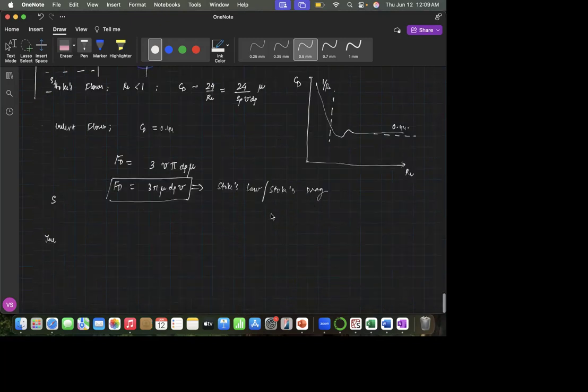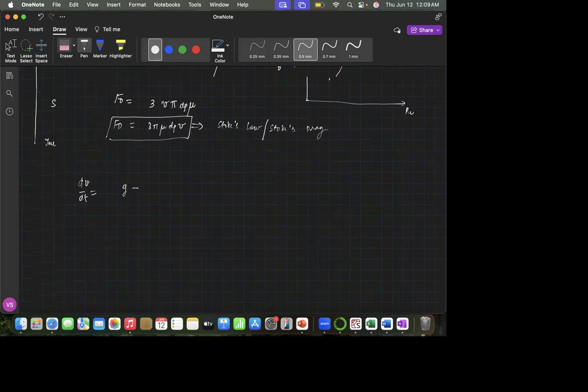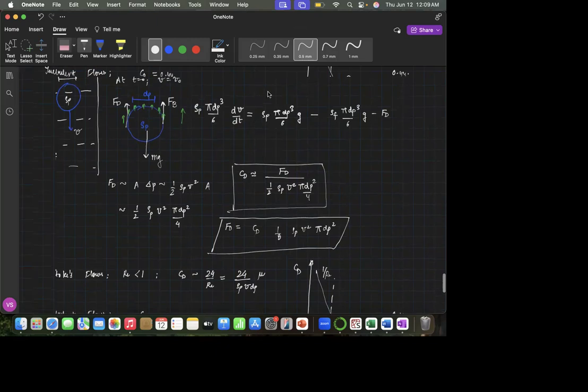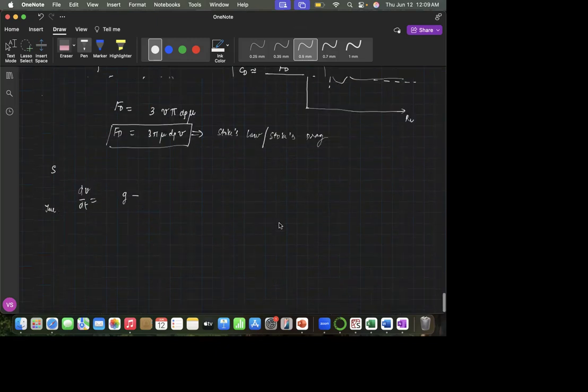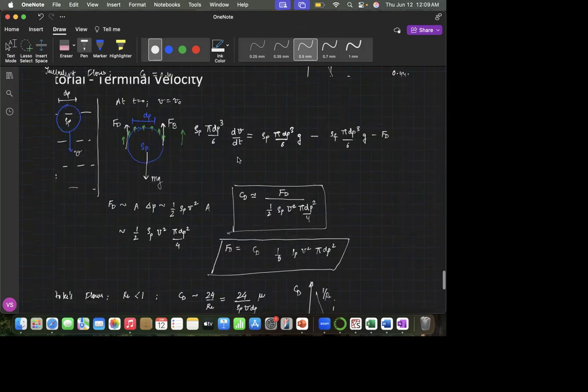We end up getting dv by dt equal to g times (rho_p minus rho_f) divided by rho_p, minus the drag force, which is 3 pi mu d_p v upon pi d_p cubed over 6 times rho_p.